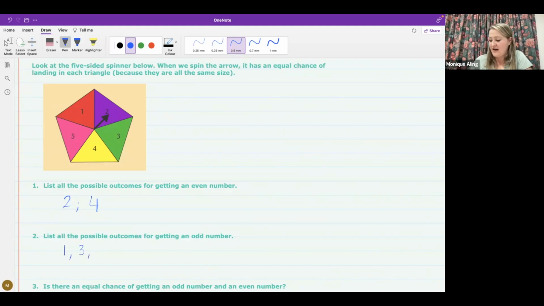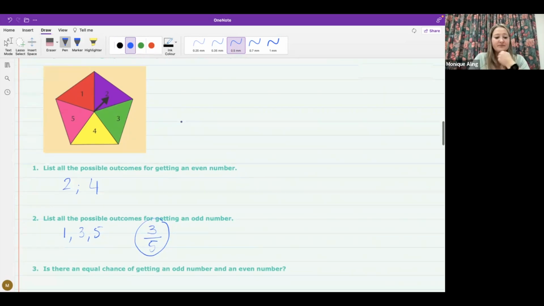If it asks for the probability of it landing on an odd number, then you would say 3/5. Cool. Okay, looks like you got the gist of this. Well done. So just remember the difference between listing possible outcomes, so what could it possibly land on, versus probability.